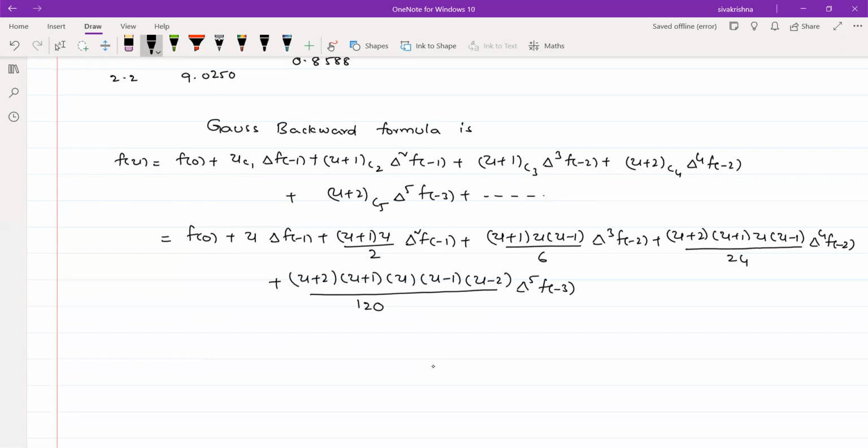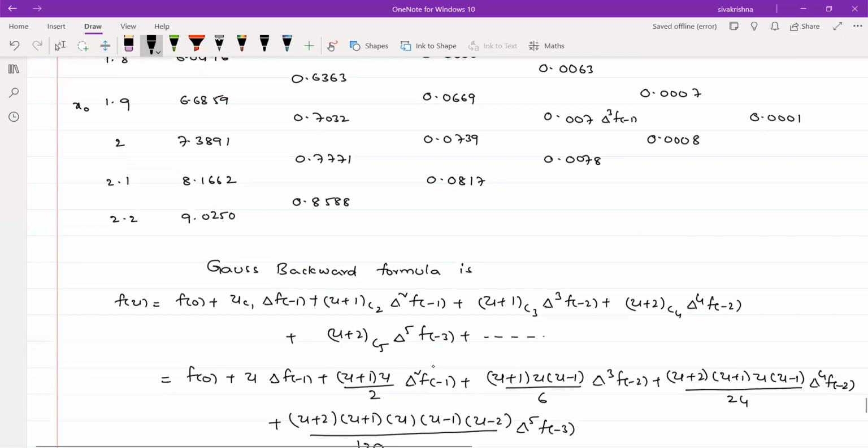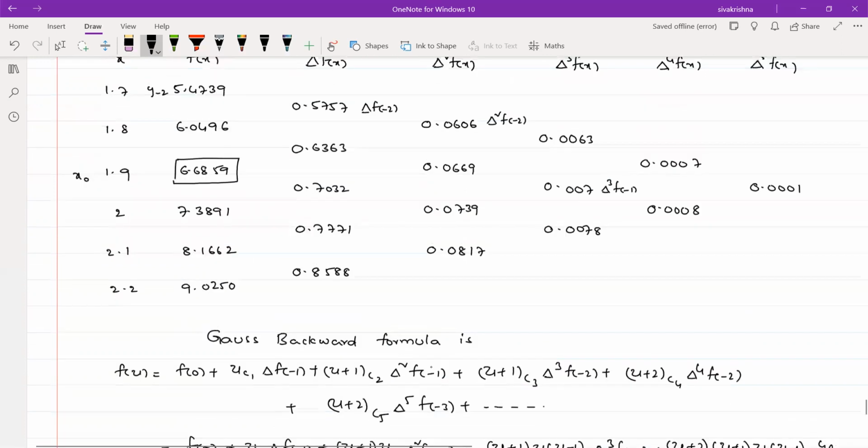Now we have to read the values from the table. First I require f of 0. The value corresponding to x naught is the value of f of 0, which is 6.6859. After that we require delta f of minus 1.